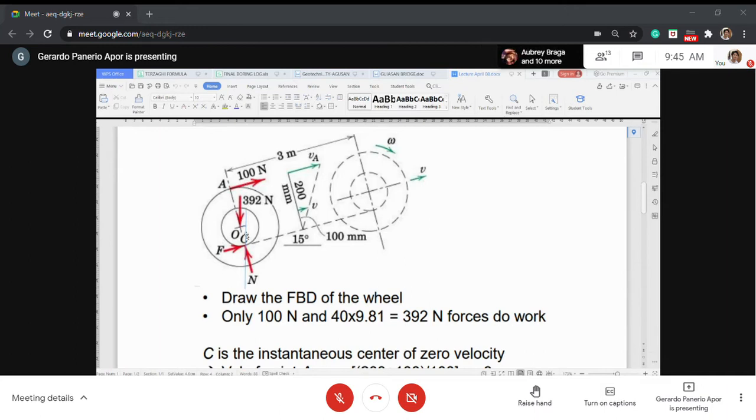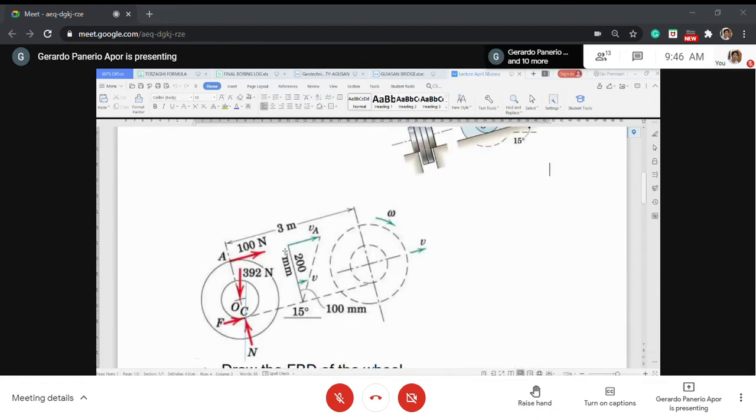And the other one is the 392 Newton over this distance, so that will also do work.